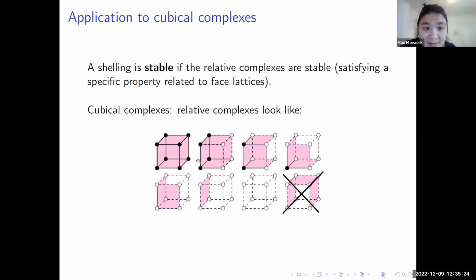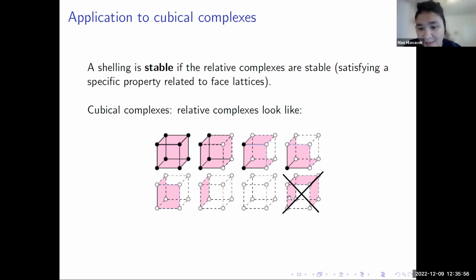So it turns out that the shelling is stable if all of the relative complexes satisfy the property that you can't have an opposite pair present in the faces that are included and an opposite pair included in the faces that are excluded. So let's look here. For example, with this cube here, we do have an opposite pair in the faces that are shaded pink, but we don't have any opposite pairs in the unshaded faces.